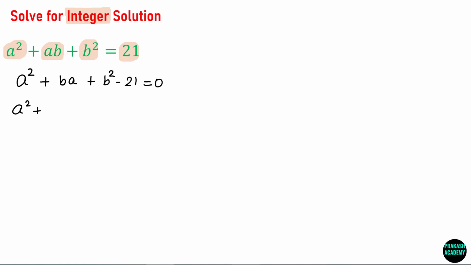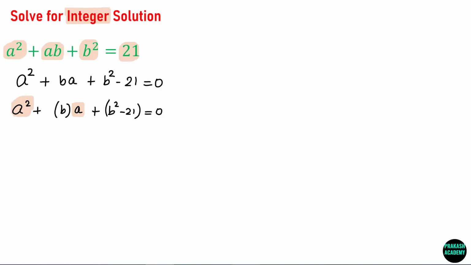Or I can rearrange: a square plus b times a plus b square minus 21 is equal to 0. Now this is a quadratic equation in a. So this is a square and then you have a. So this is a quadratic equation in a.